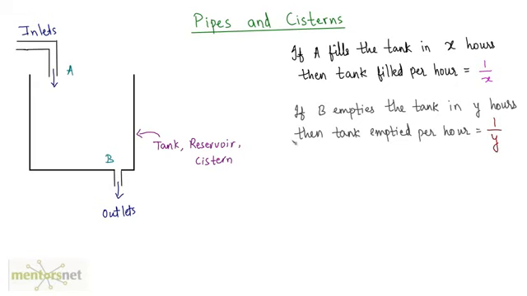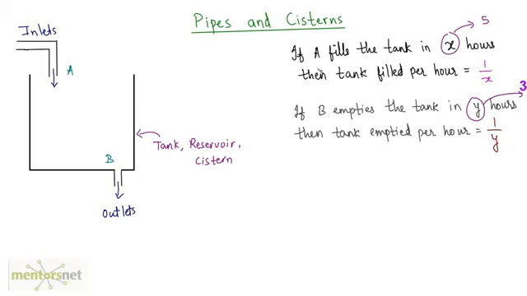Now these were individual situations. Now consider that both of these taps, the inlet and the outlet, are open. Both A and B are open. That means liquid is filling in and liquid is letting out. Consider that A fills the tank in, let's say, 5 hours, and B empties the tank in, let's say, 3 hours.